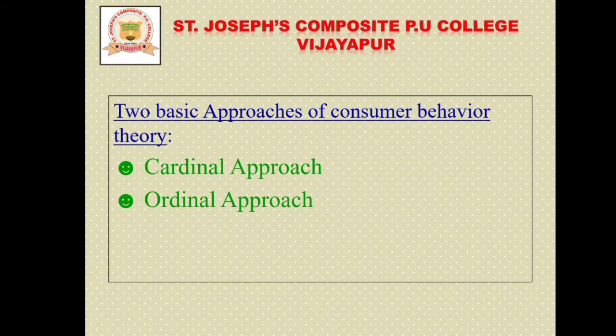Dear students, now we are going to discuss one of the important 2 marks questions, the approaches of consumer behavior. There are mainly 2 approaches: cardinal approach and ordinal approach. Utility theory is a cardinal approach, and indifference preference theory is an ordinal approach.